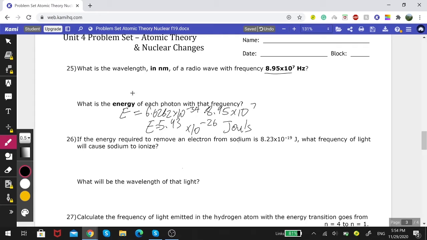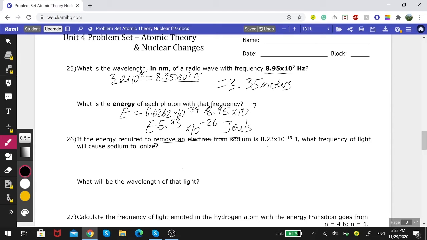So we're gonna use the speed of light. 3.0 times 10 to the 8 meters per second is equal to frequency times wavelength, x. So just divide the speed of light, 3.0 e to the 8th, by 8.95 e to the 7th, and that should give us 3.35 meters.